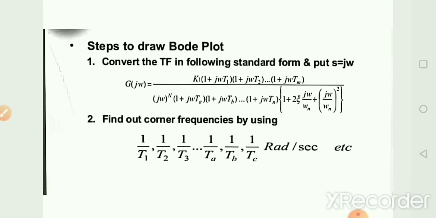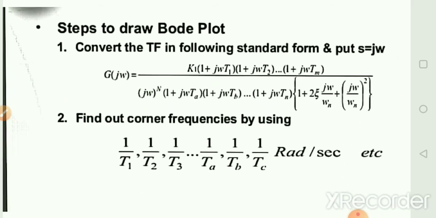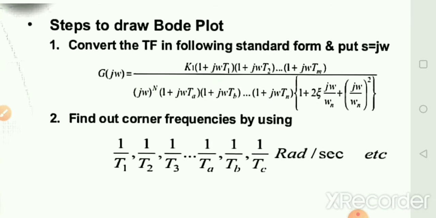Now the steps to draw the Bode plot. At first we have a transfer function in this question, so the first step is we put s equal to j omega, putting j omega in place of s. Now the second step is to find the corner frequencies, 1 over T1, 1 over T2, 1 over T3 and so on.